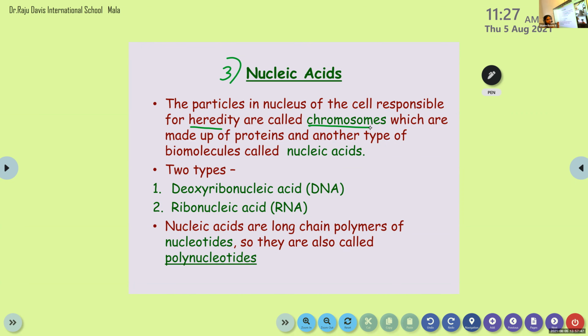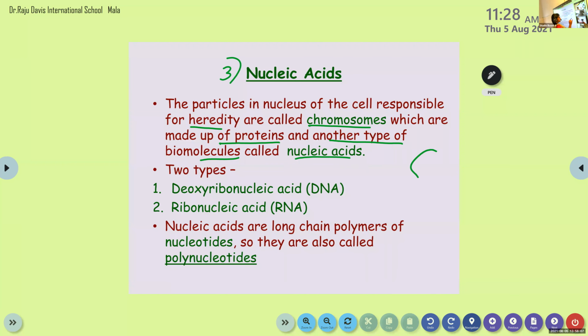So these particles in the nucleus of the cell, responsible for heredity, are called chromosomes, which are made up of proteins and another type of biomolecule called nucleic acid.